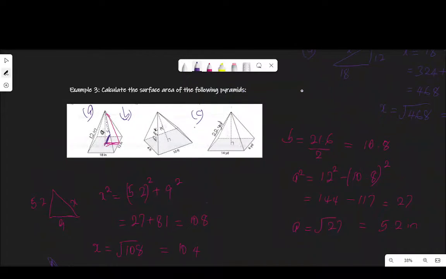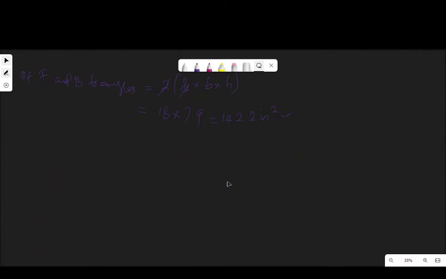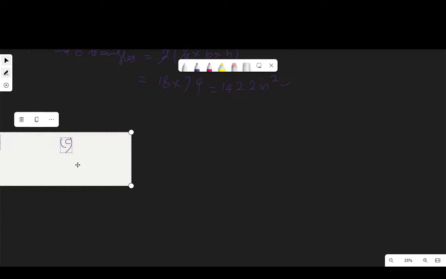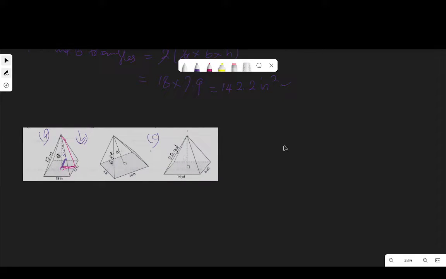Let's do question B. Let me copy this and move it down so you can see it to work with. Okay, for question B, again, we use the same method we use for question A to get the height of the triangular faces.